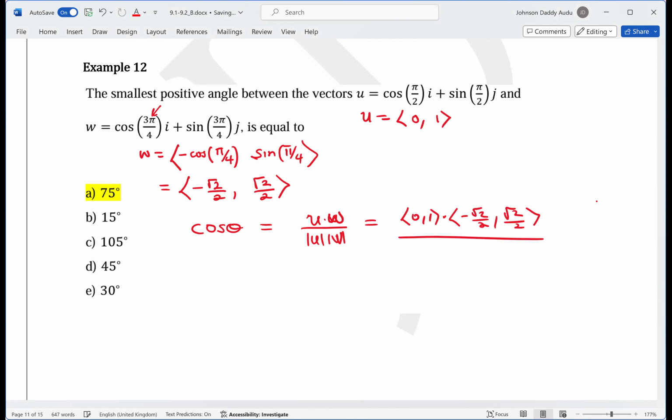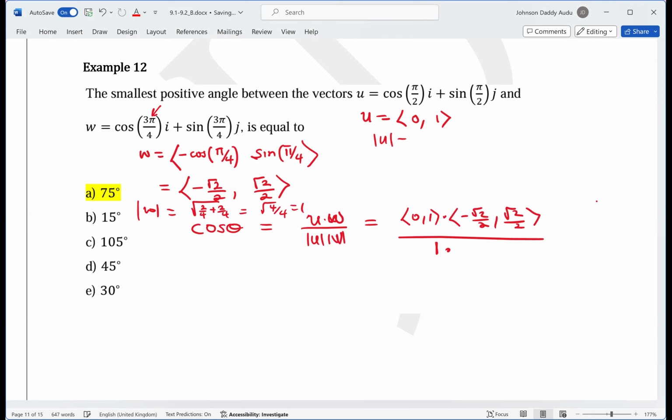The magnitude of u, what is the magnitude of u? The magnitude of u is 1. The magnitude of v is also 1. Because here we will see that the magnitude is just going to be the square of this, which is 2 over 4 plus 2 over 4, which is square root of 4 over 4, which is 1.